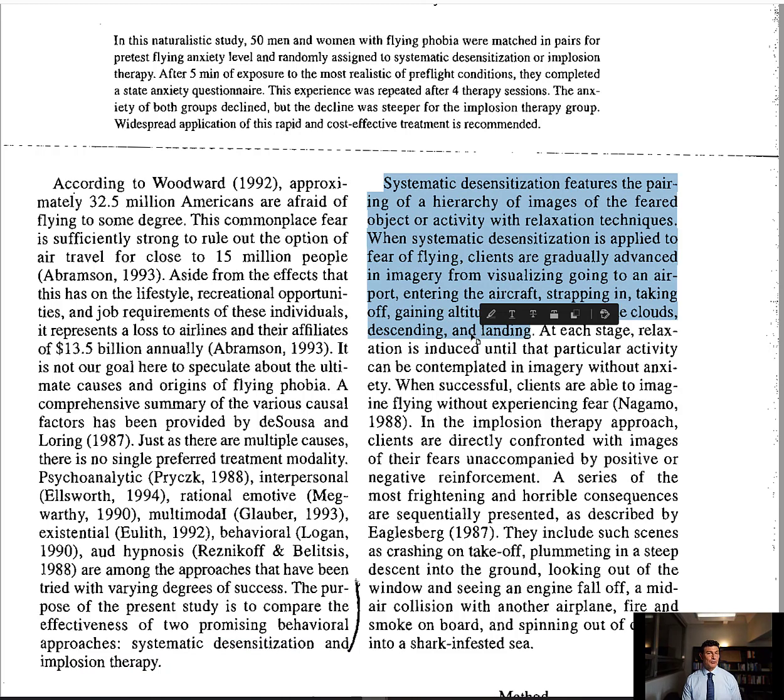Are these the two most promising, the two most effective, and they're trying to compare how they relate to each other? They don't really give us a good reason why they chose these two. They just say that there's a bunch of them, we chose these two. That's not a very good argument for this study, why there's a gap in the literature, and why they want to use these two types of therapy.